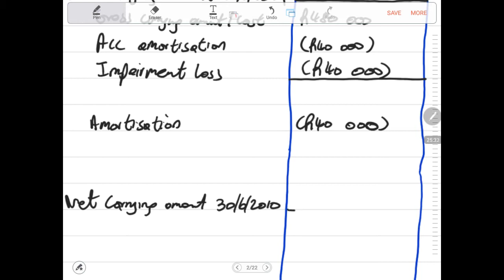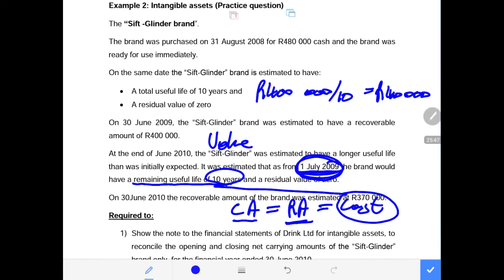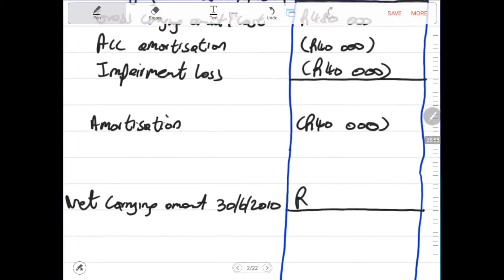Net carrying amount is the recoverable amount at this date. The question is, do we have a recoverable amount at this date? Yes, we do. Our recoverable amount at the end of June is provided to be 370,000 rands.